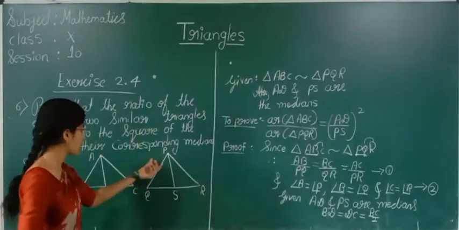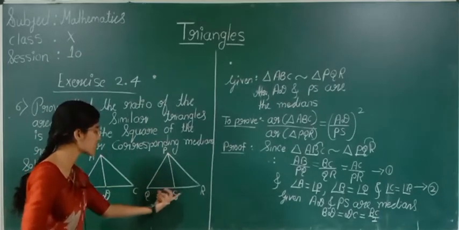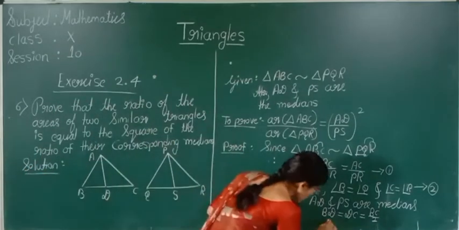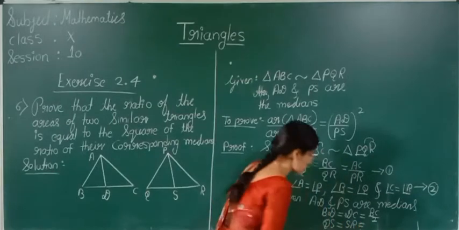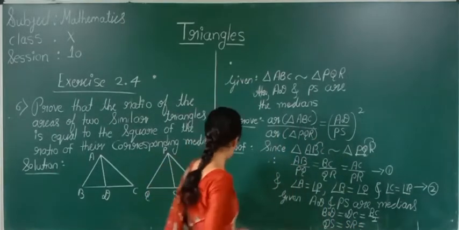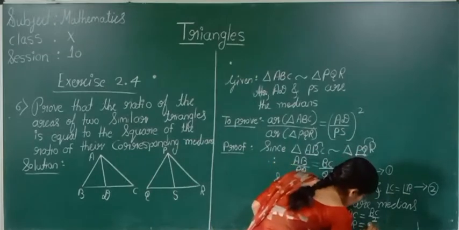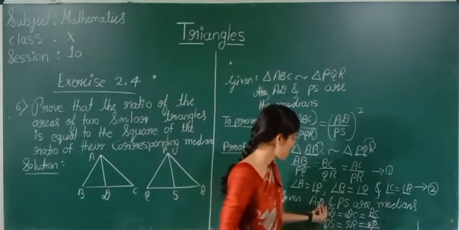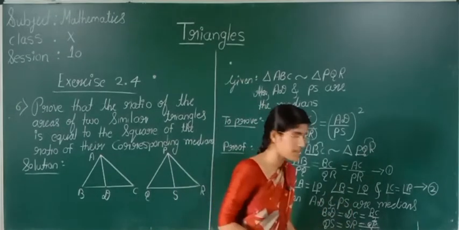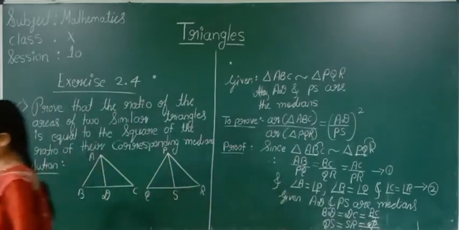Now PS is a median means QS is equal to SR. This can also be written as QR by 2. Here AD and PS are medians. We got the things here.